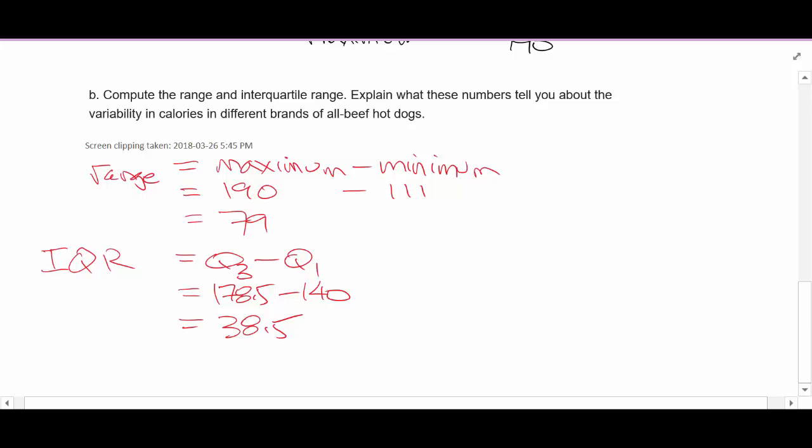So the interquartile range is like how tight are they grouped together? How spread out is the information, which is more information than just the straight range.